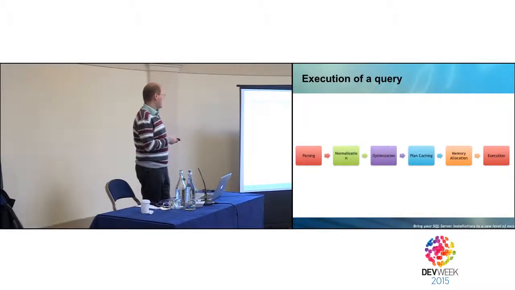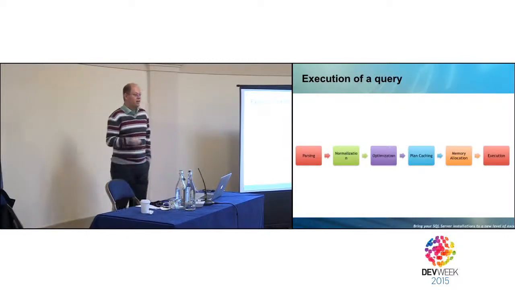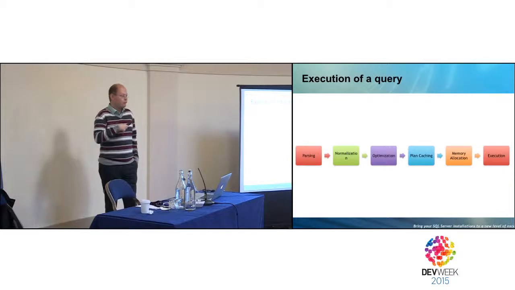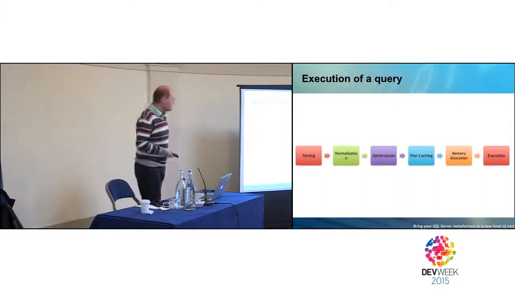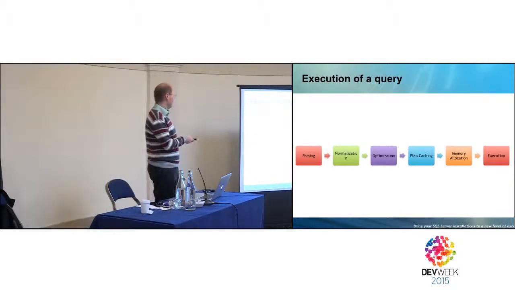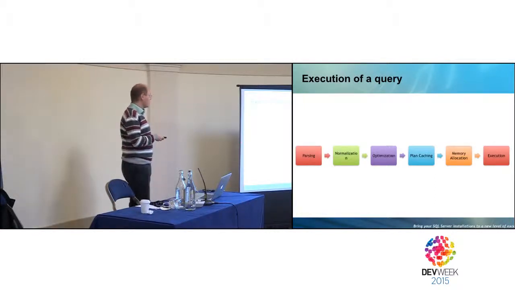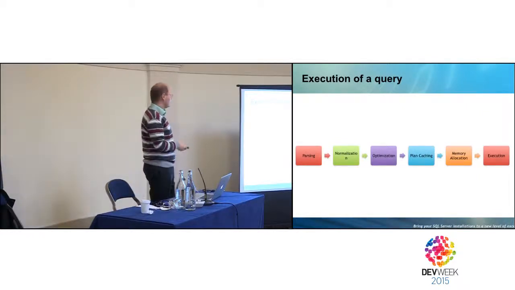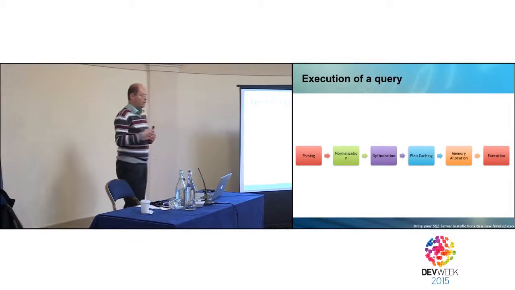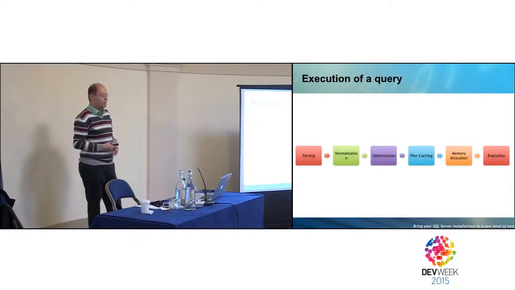Then SQL Server allocates memory for our execution plan, and when that memory allocation has been granted to our query, then SQL Server can finally execute the query itself. You can already see that from when we submit the query to SQL Server to its final execution, it's a very, very long way in SQL Server.